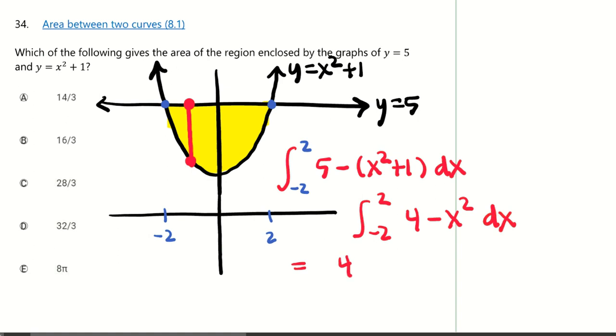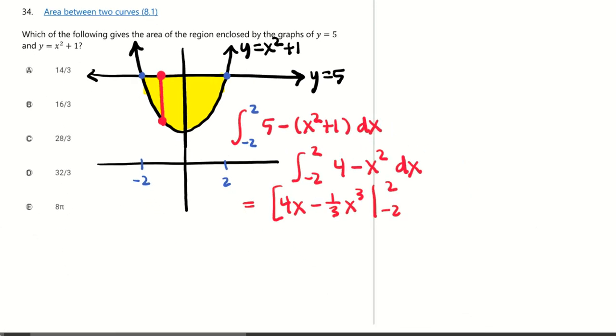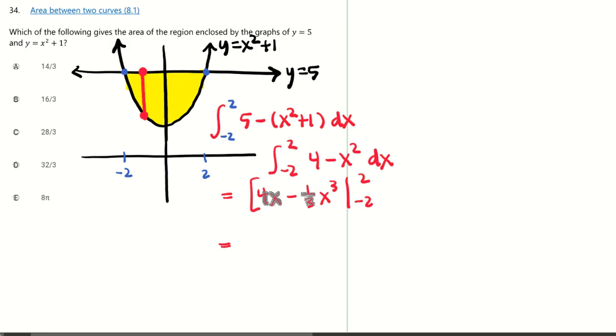And then this is going to be 4x minus 1/3 x to the third as x runs from negative 2 to 2. It's kind of occurring to me now that I could have been a little bit smarter by just saying it's twice the area from 0 to 2, but I've already gone far enough that I'm just going to stick with this. 4 times 2 is 8 minus 8/3.